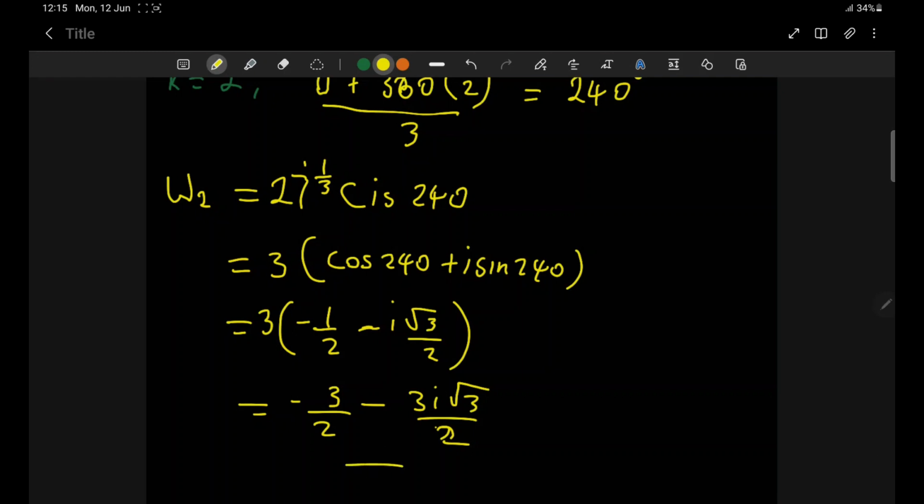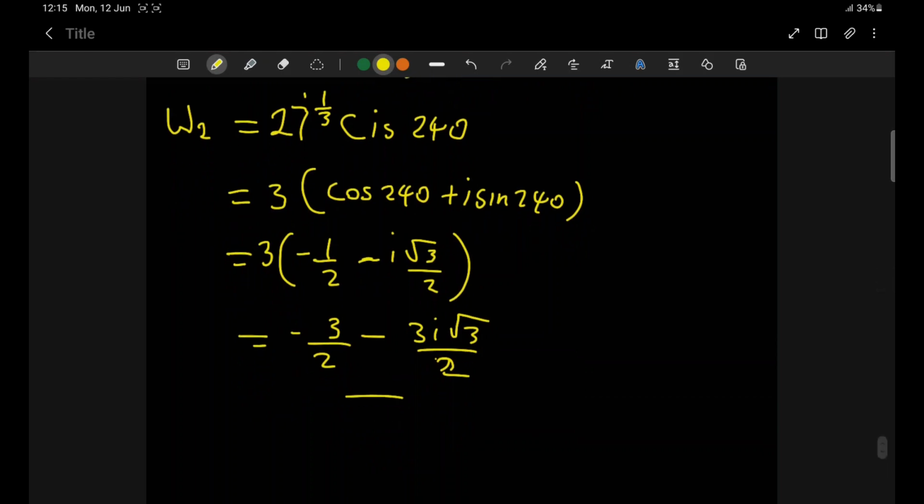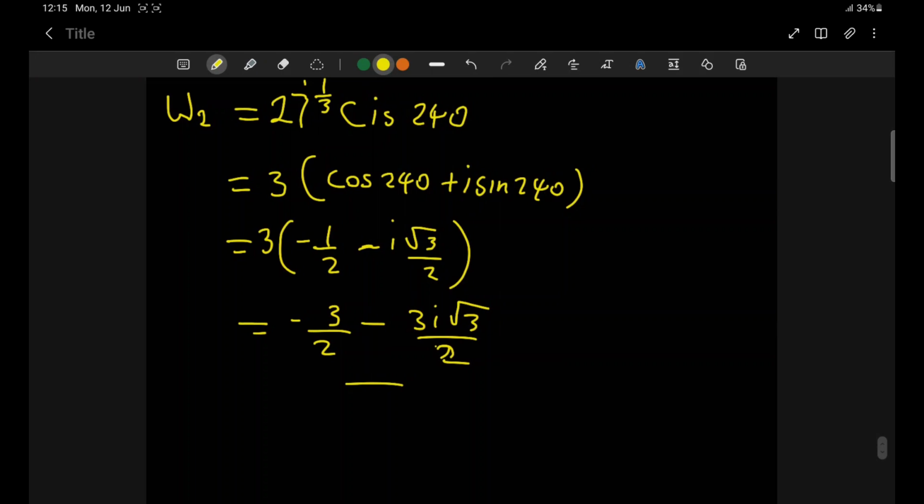And we found the 3 cube roots of 27. Our cube roots are: the first one is 3.